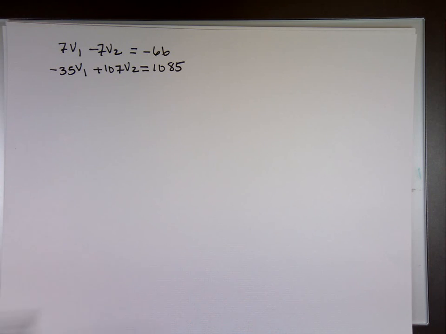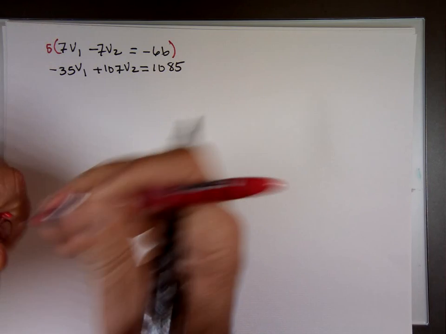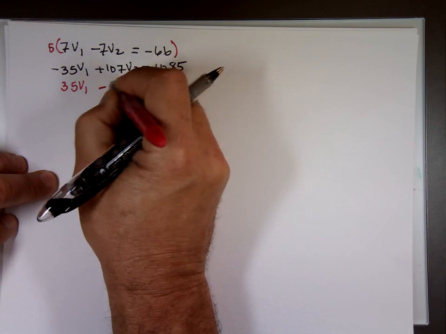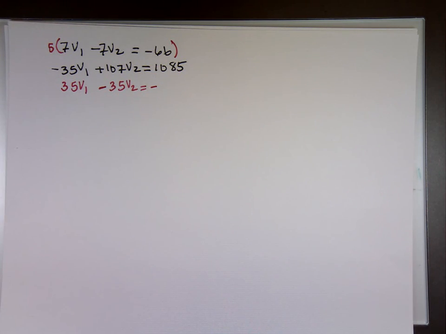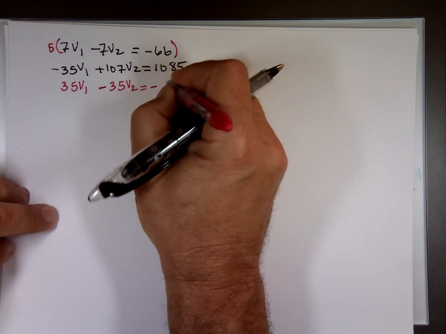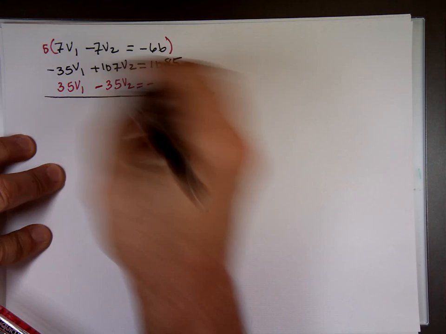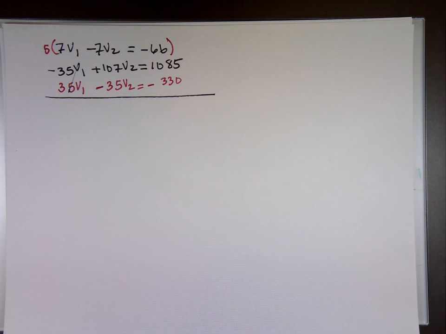I can multiply this equation by what? 5 to make it cancel the V1? 5 times 7 will make it 35 V1 minus what? 35 V2 equals negative 66 times 5. Is that 330? Add the two equations. The right side is 755.